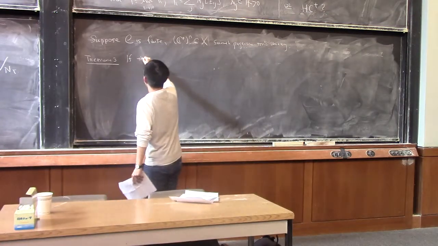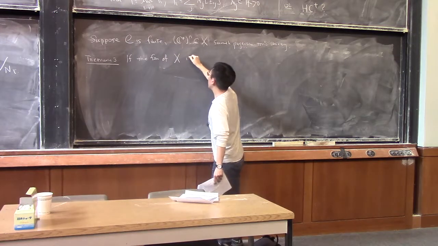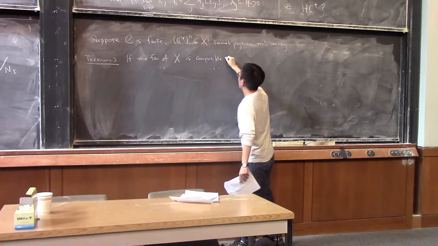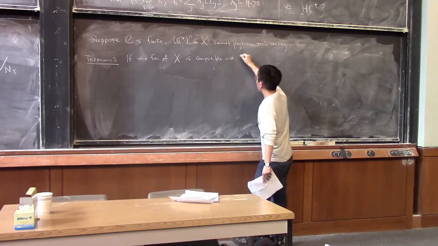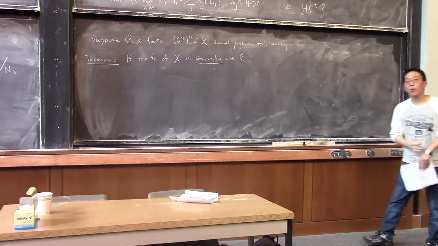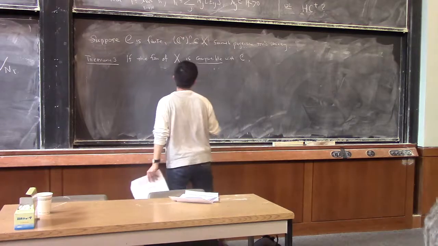So if the fan of my toric variety is compatible with C, this just means that it supports all the cones that you see in C, or recession cones.